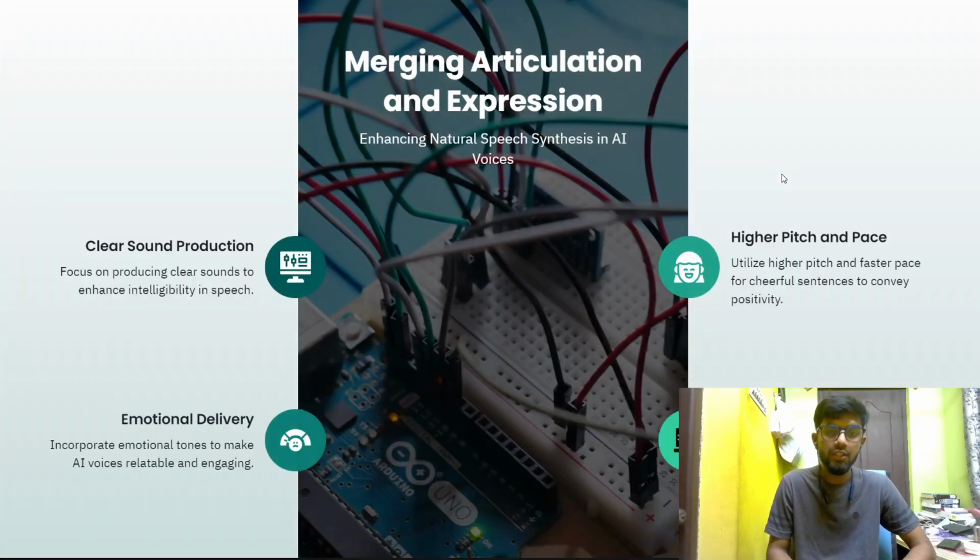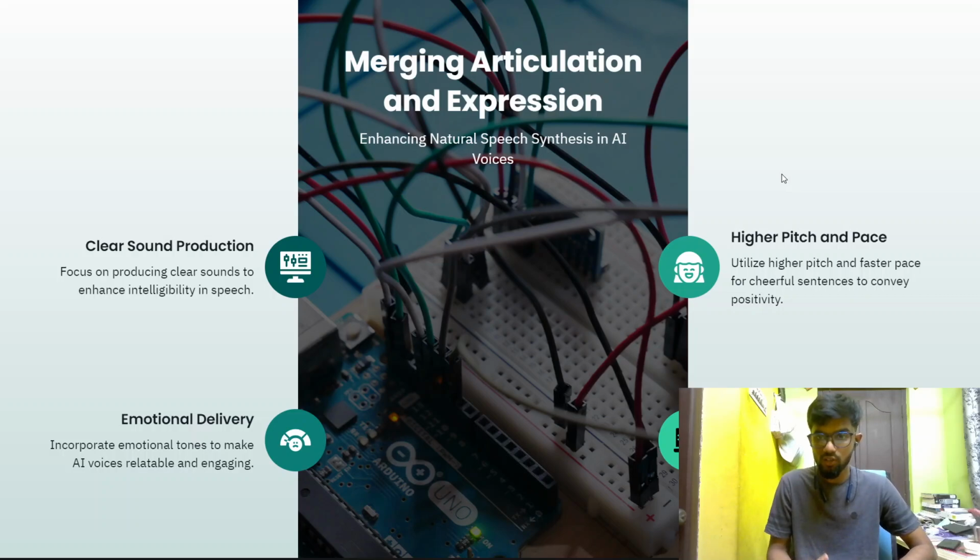So merging articulation and expression, we make a human-like voice. Clear sound production focuses on producing clear sounds to enhance intelligibility in speech. Then pitch and pace: some accents have a faster pace.